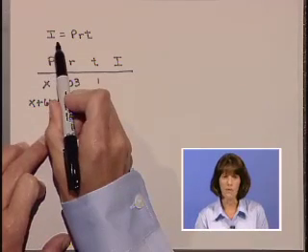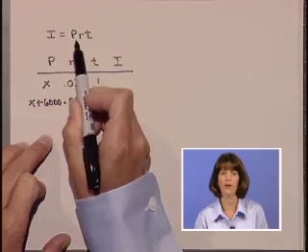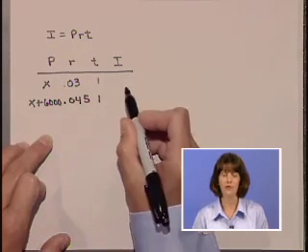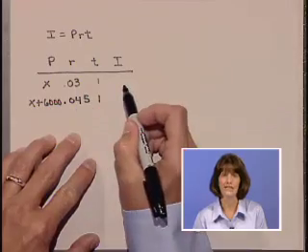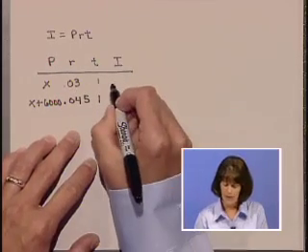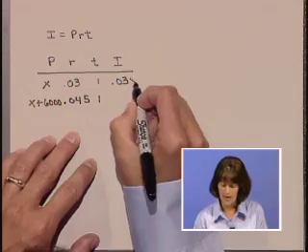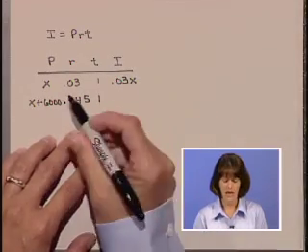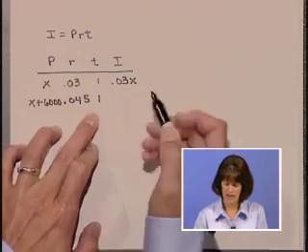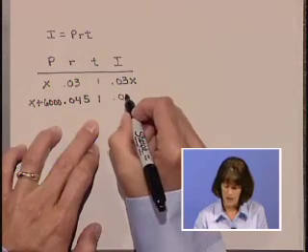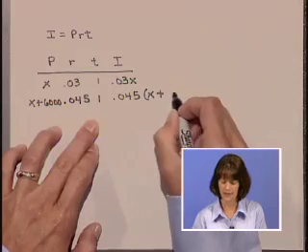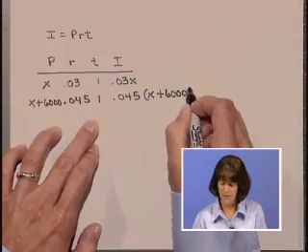And via our formula, we know that interest comes from principal times rate times time. So we can fill in the interest column by multiplying across the table. x times 0.03 times 1, let's write as 0.03x. x plus 6,000 times 0.045 times 1, let's write that as 0.045 times (x plus 6,000).